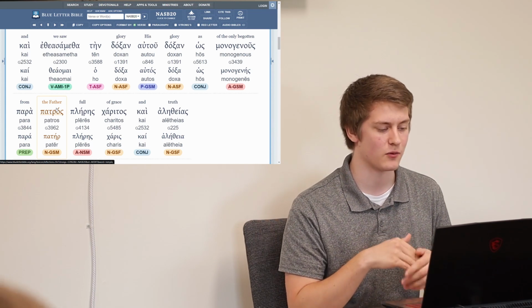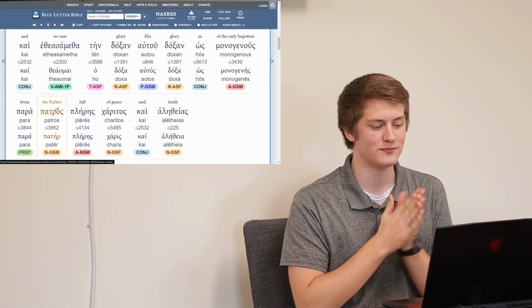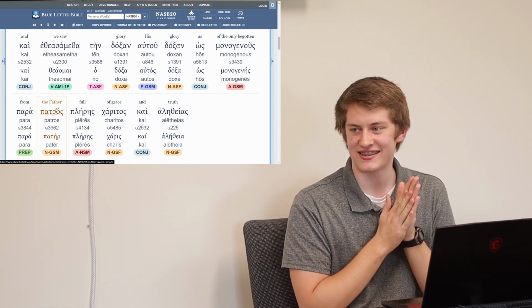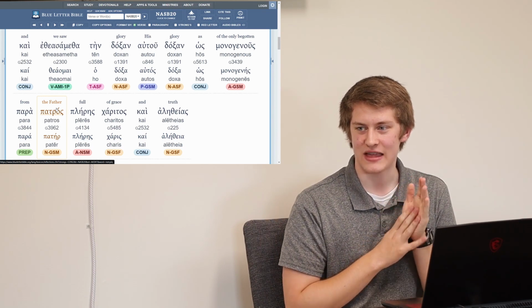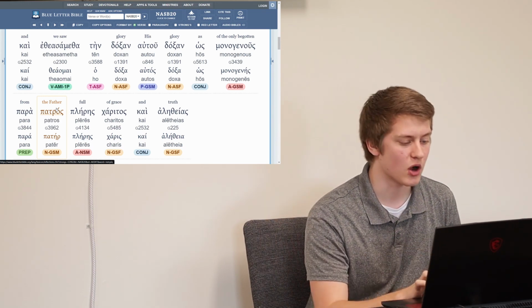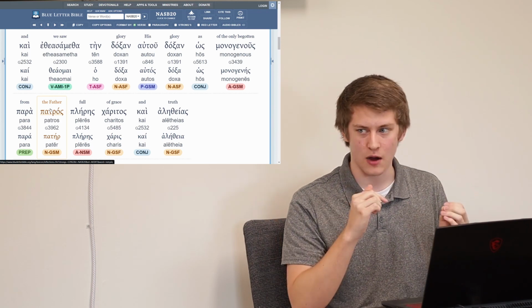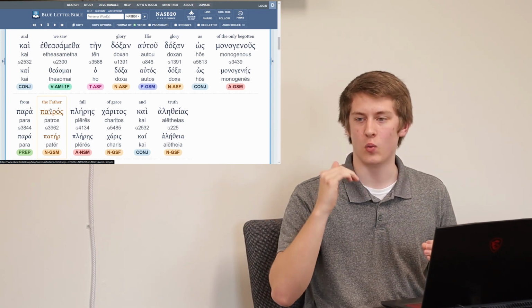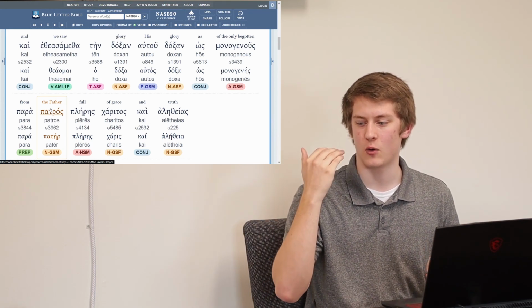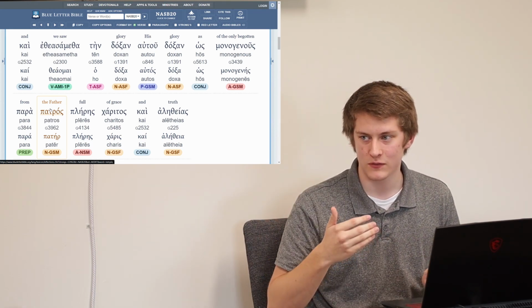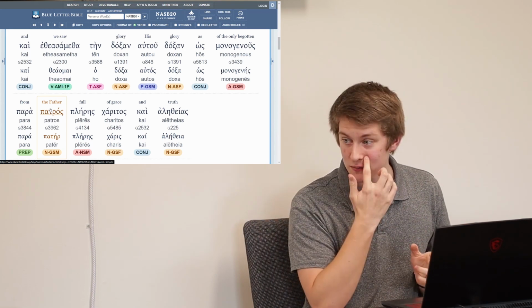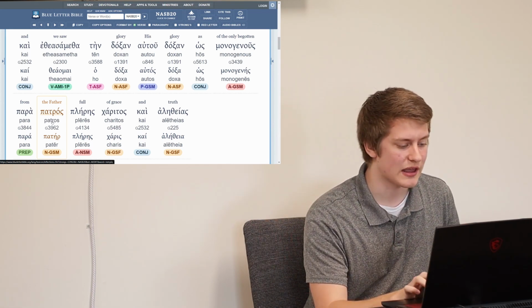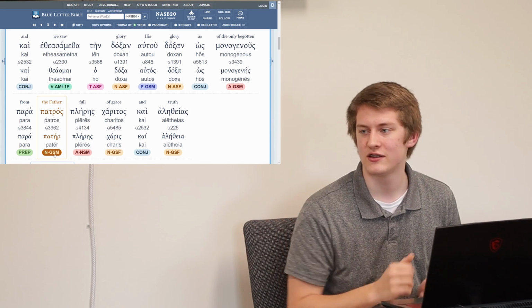Patros is in the genitive form. Abby, that next letter is going to be the number. So N stands for noun, G stands for genitive, and the next letter is going to be the number, so it's either singular or plural. If we look at this N, G, S.